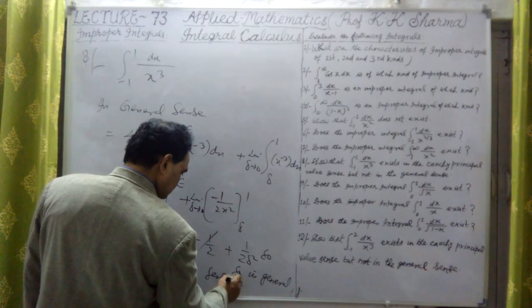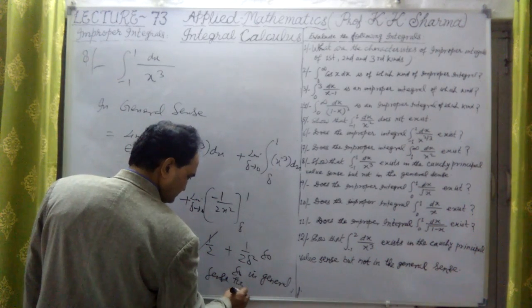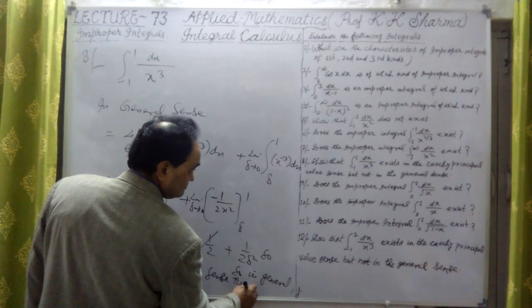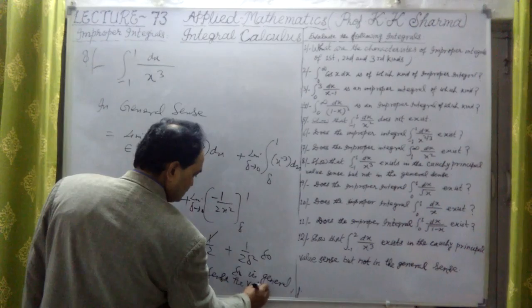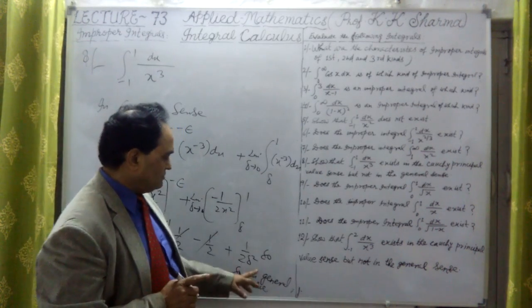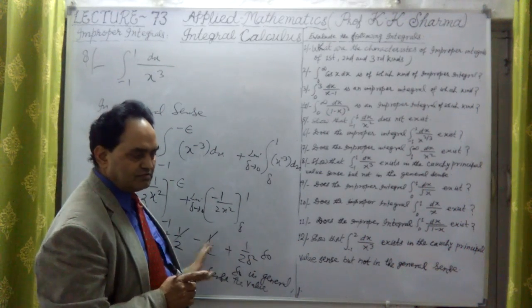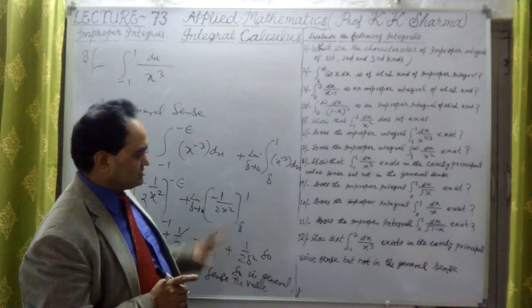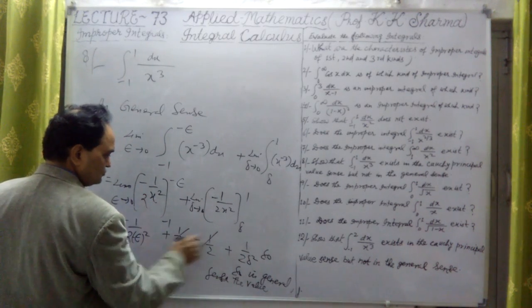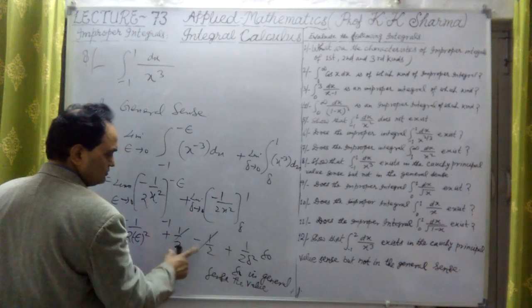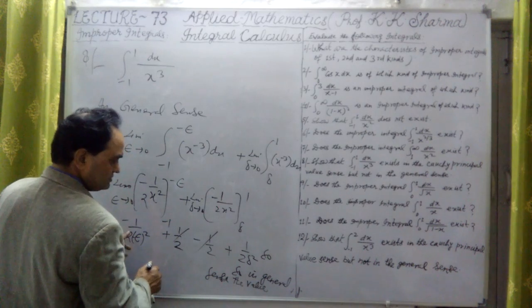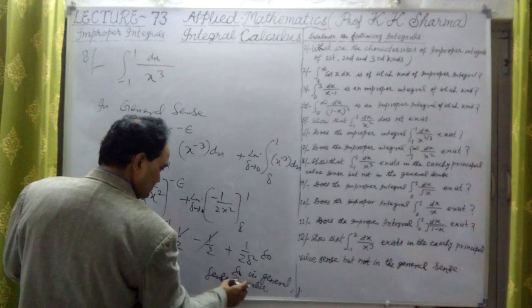So in the general sense the value of this improper integral does not exist. Before substituting epsilon tends to 0 and delta tends to 0, these two values are different: one is positive infinity and the other is minus infinity. Hence the value does not exist.